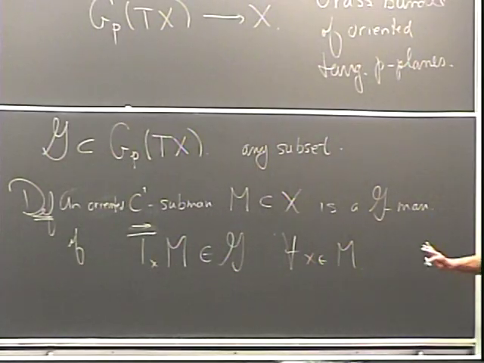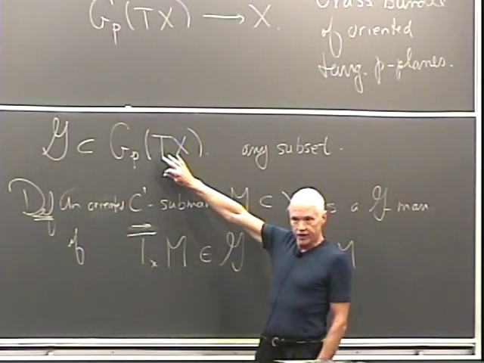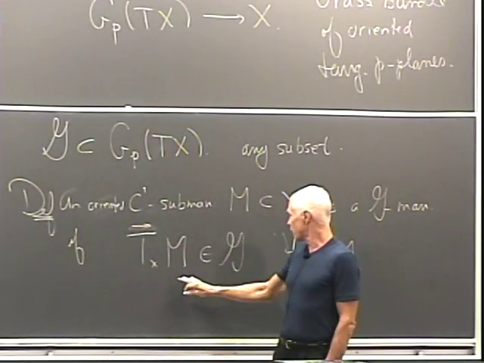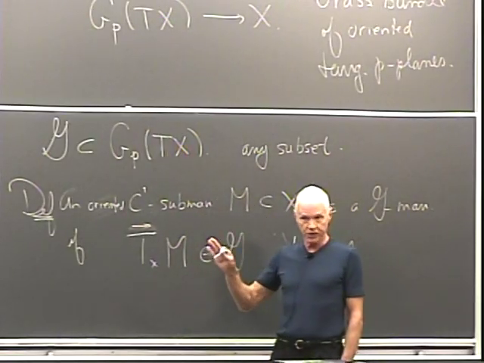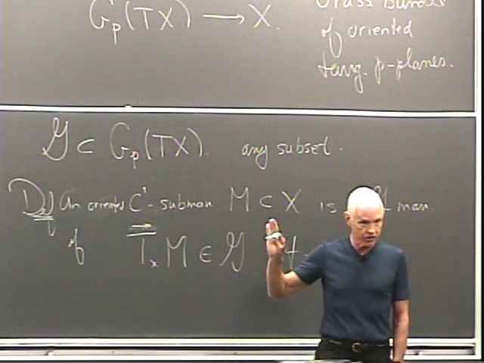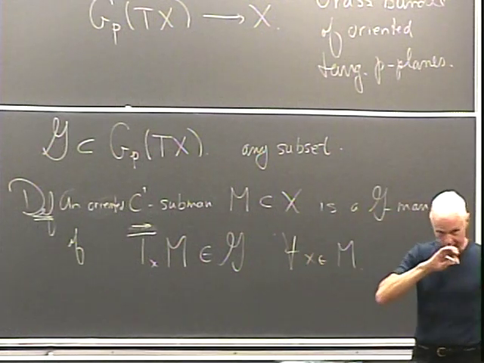Just take any subset of this bundle of oriented p-planes, and then a submanifold will be called a G-manifold if its tangent space belongs to this. This is a first-order condition on submanifolds.